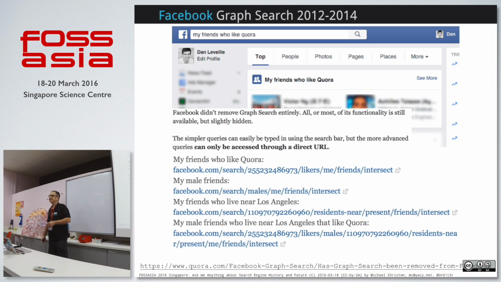And you can try to make combinations of what you want to like to know about people, and for some strange reason they stopped it, and the global graph search is not there anymore. But the technique is there. It's only the parser that switched off the parser, so you can hack together some URLs which create the same function, but there's not the full text parser of the human language to get this information in.